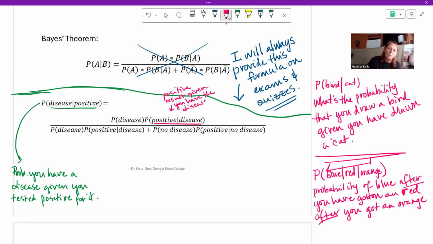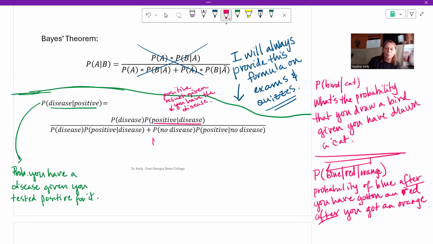Then here we also have the probability of the disease times the probability of your positive given you have the disease, over the probability of the disease times the probability that if you have the disease you get a positive test, plus the probability of having no disease.